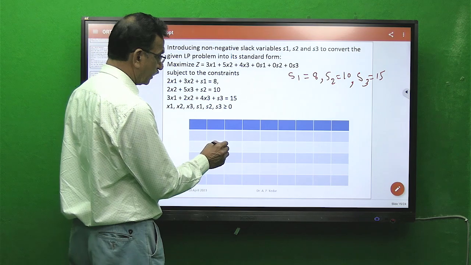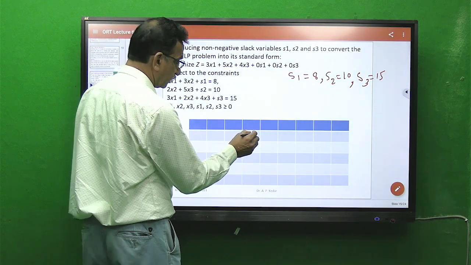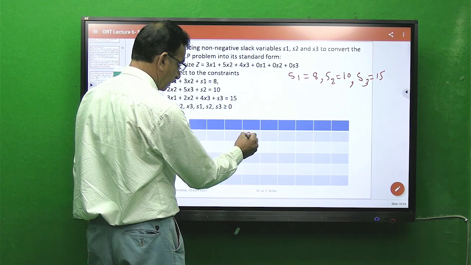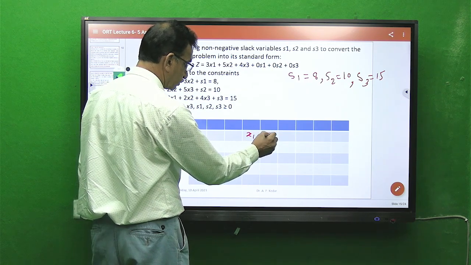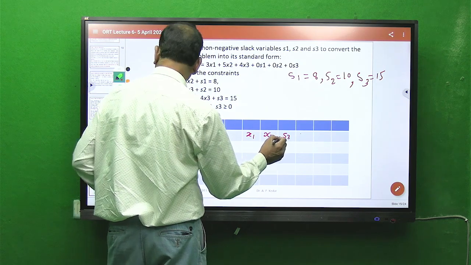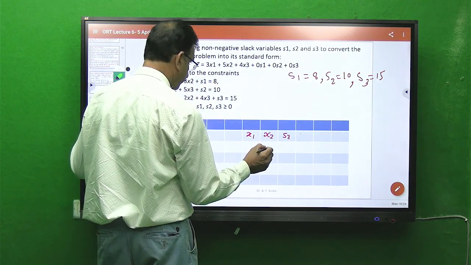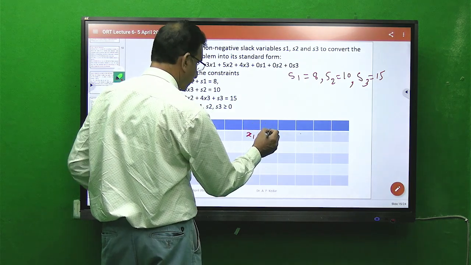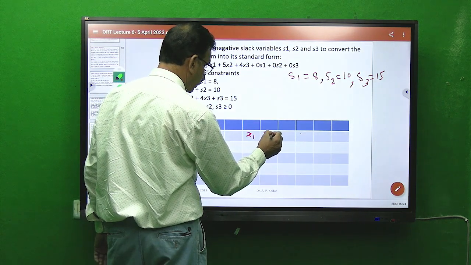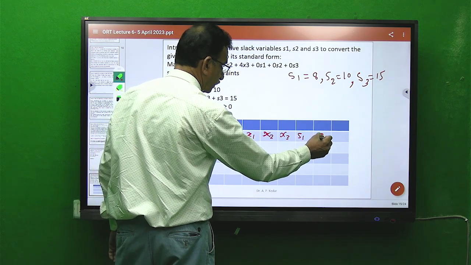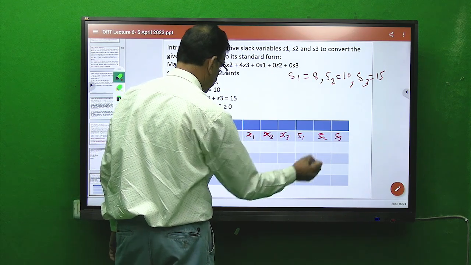So now you know that we have 3 basic variables. So here I am writing x1, x2, x3. This is x3. Second column value S1, S2 and S3.